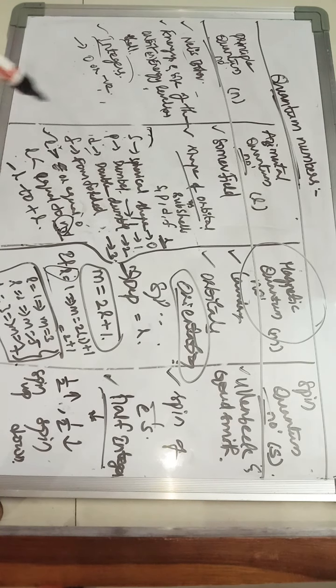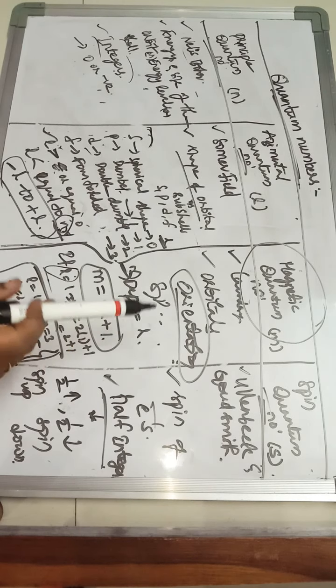Okay, and this L value is greater than or equal to 0 and less than or equal to n minus 1, which is in between minus L to plus L, that is greater than or equal to 0 and less than or equal to n minus 1 only.